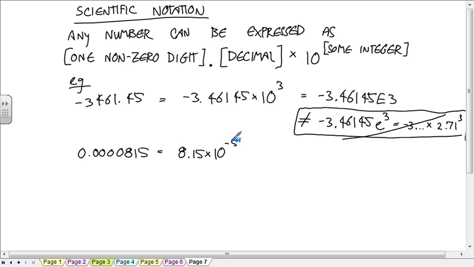Or 8.15 e minus 5. So in that shorthand, notice, there's two things the way I'm writing this. I'm using a capital E for one thing, and the other thing is that I'm writing the exponent in line with the other numbers. I'm not writing it up as like a power of E. You know what I mean?